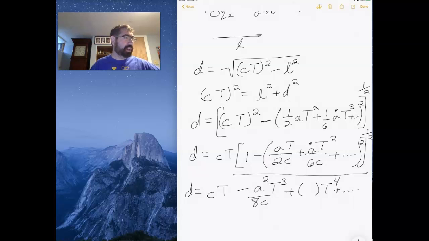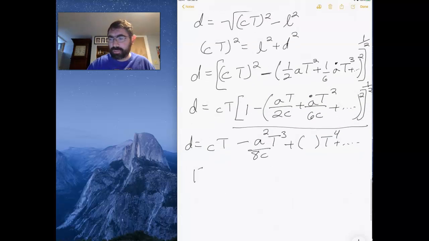Now what we want to do is write the time as a function of d. To first order, if we ignore all of the higher order terms like the t cubed and the t to the fourth, then d is approximately ct.